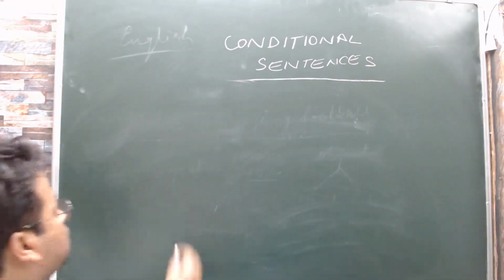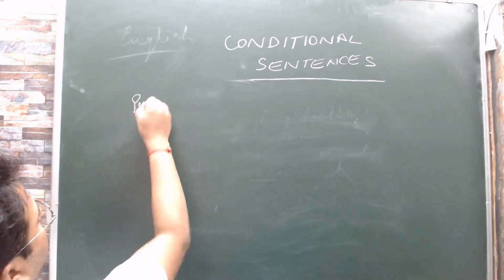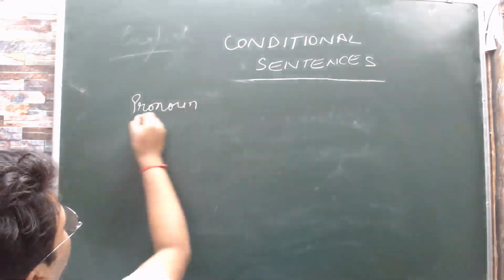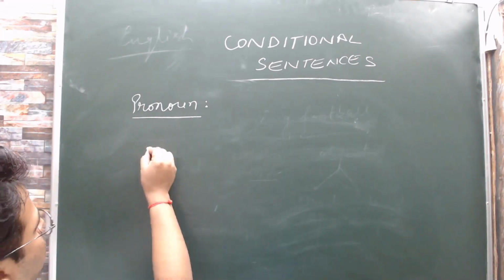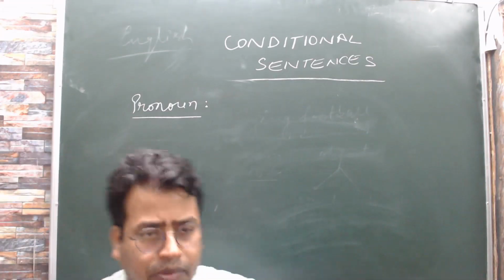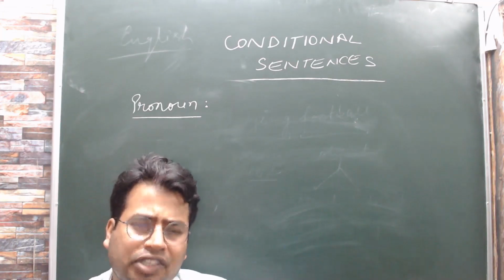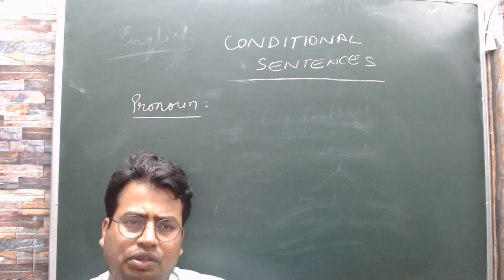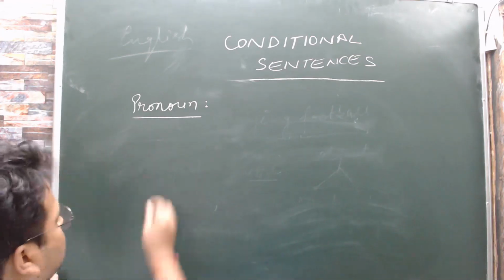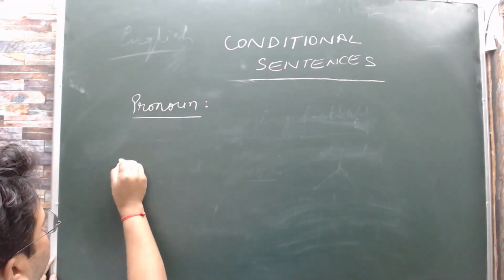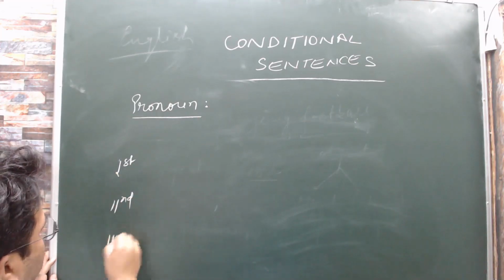Now, if we see pronoun, we will deal with this chapter on pronouns later on, but here we will just deal with which type of pronoun we use as a subject, object, or possession. Here a pronoun is divided into first person, second person, and third person.